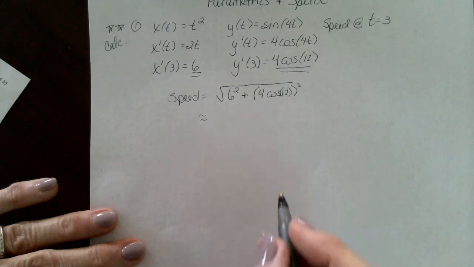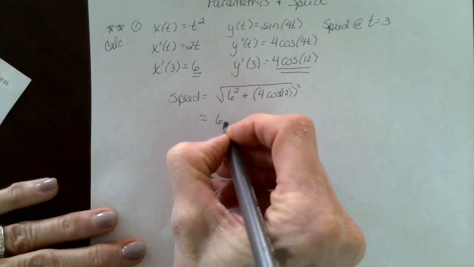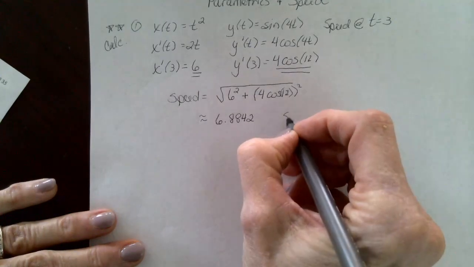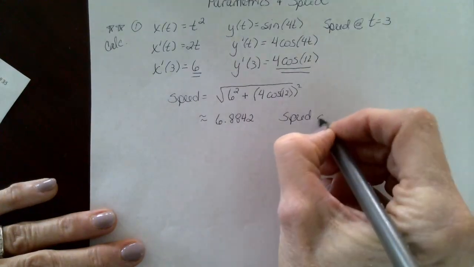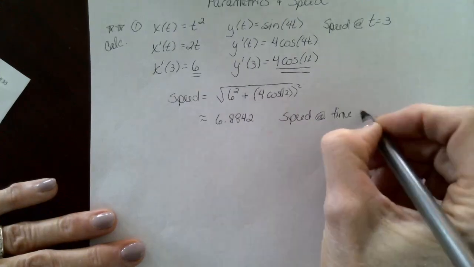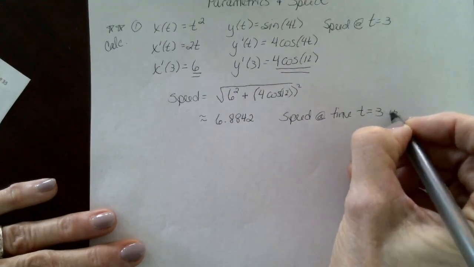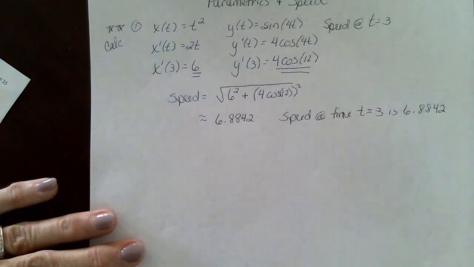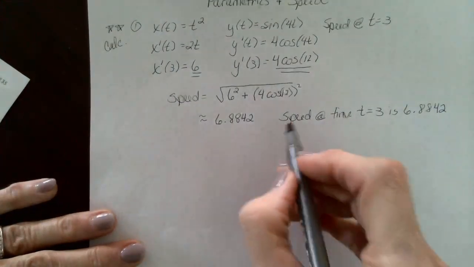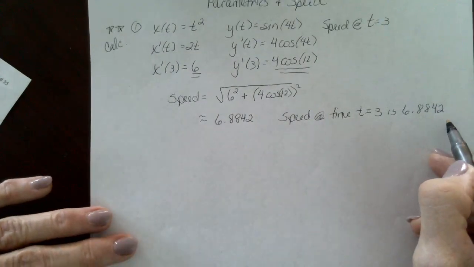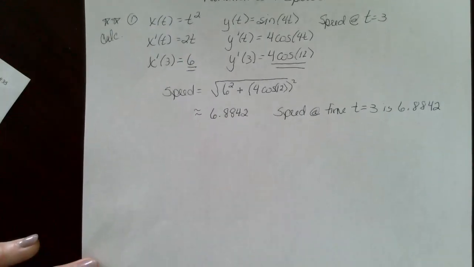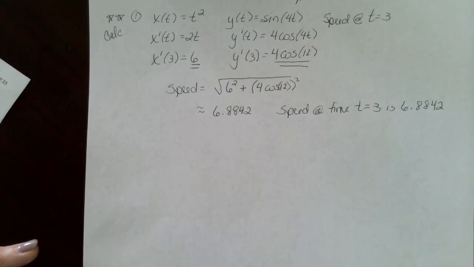Take it out 4 decimals for me. So given the fact that this was part of an FRQ, I would state my answer in a sentence, okay? Whoops, sorry. What do you think? Not bad?